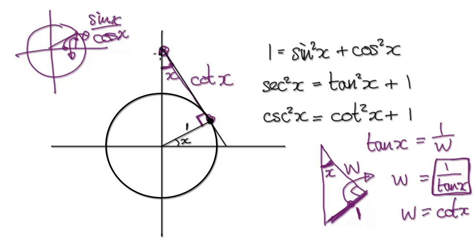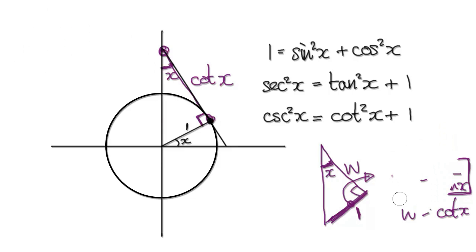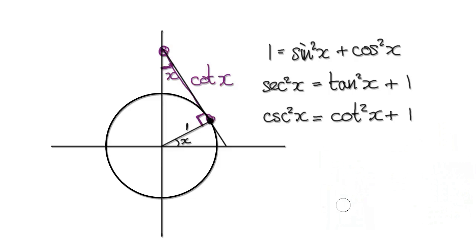The next question is, what is this length here? So let me tidy up everything. Okay, let's get rid of this. So what we now want to know is this length here. Let's just call this length W. So now I would need to work out W. So we've got a triangle like this.